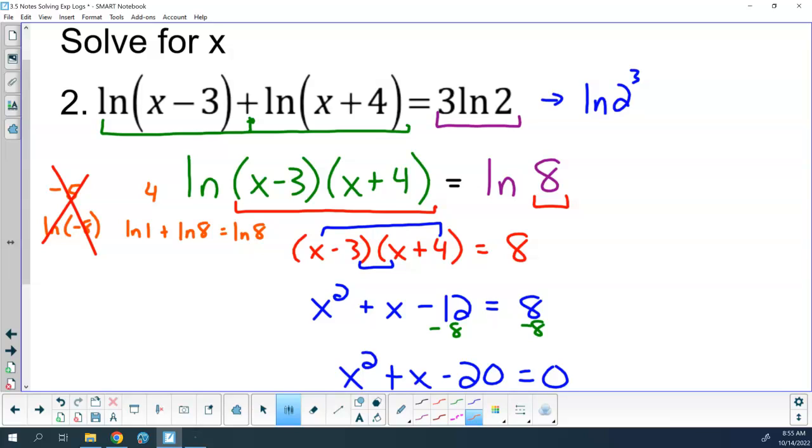Because what exponent do I have to put on e to get 1? 0. So that 0 plus the natural log of 8 is equal to the natural log of 8. Yep. So my only answer here then is 4. Negative 5 got kicked out. Positive arguments only. No negativity.